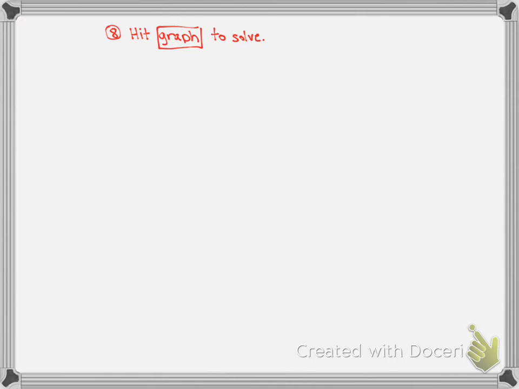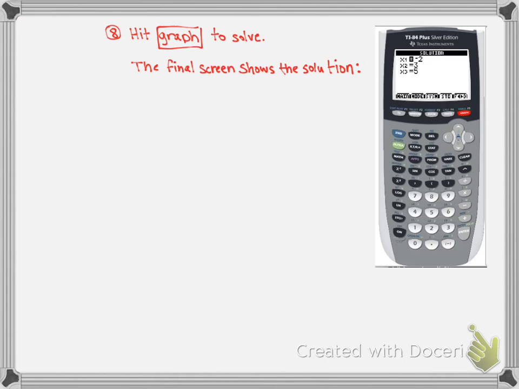Then you're going to hit the graph button in order to go to solve. So the final screen shows the solution. x1 equals negative 2, x2 equals 3, x3 equals 5. A is negative 2, B is 3, C is 5.